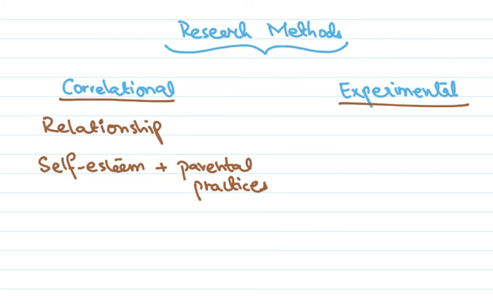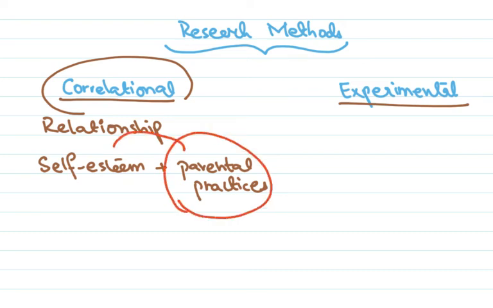However, in correlational research, you are only looking at the relationship. You're never going to make any conclusions about what is affecting what. Using a correlational research design, you cannot say that a particular parental practice is causing these changes in self-esteem.